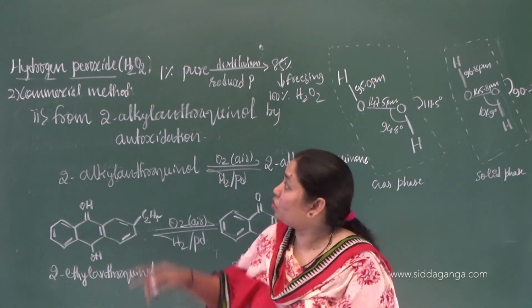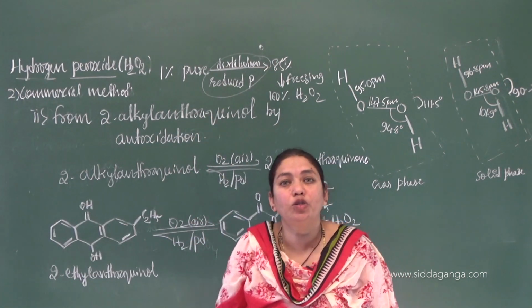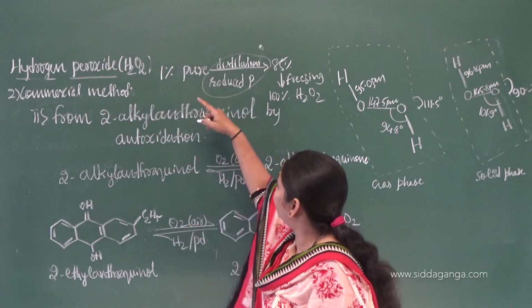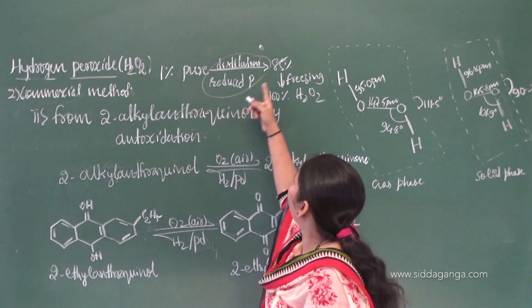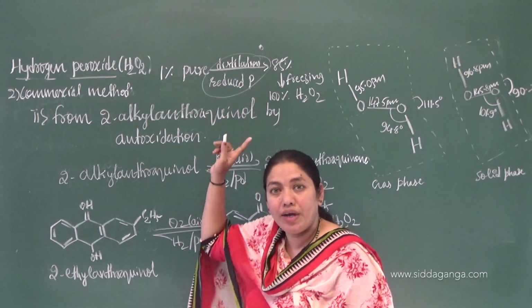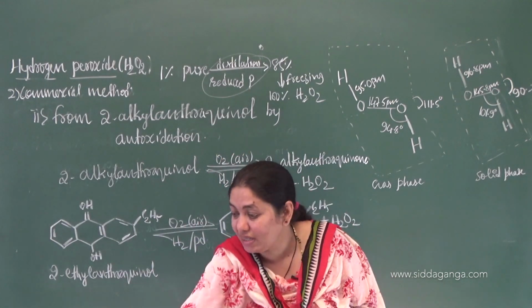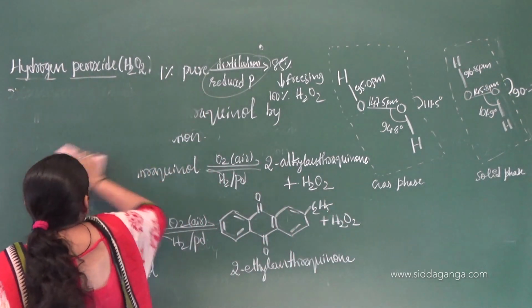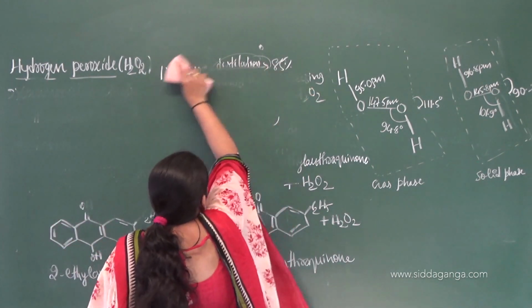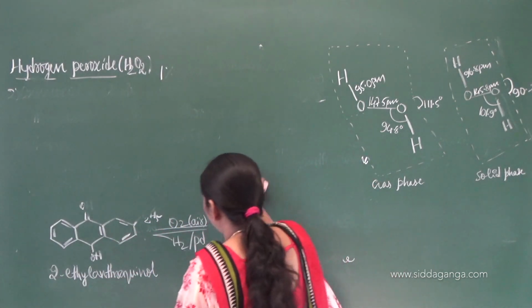So this is important here. This is distillation under reduced pressure, right? Actually it is 30% first, and upon further distillation you get the 85%, but if you write this much, that is enough, right? And again, expressing the concentration of hydrogen peroxide is a very important concept in this chapter. That we are going to discuss at the end.